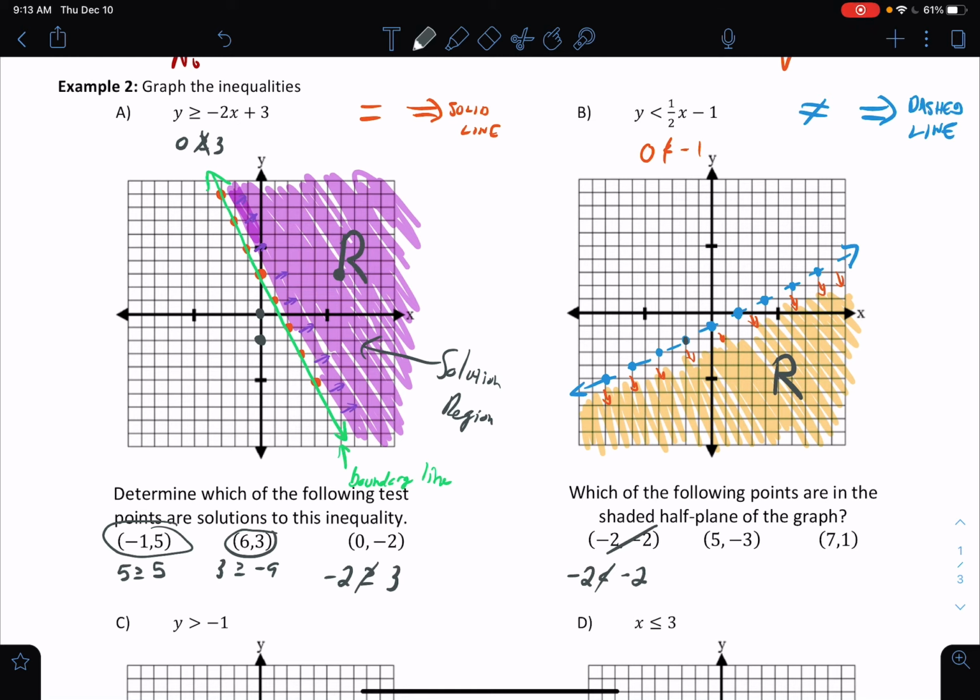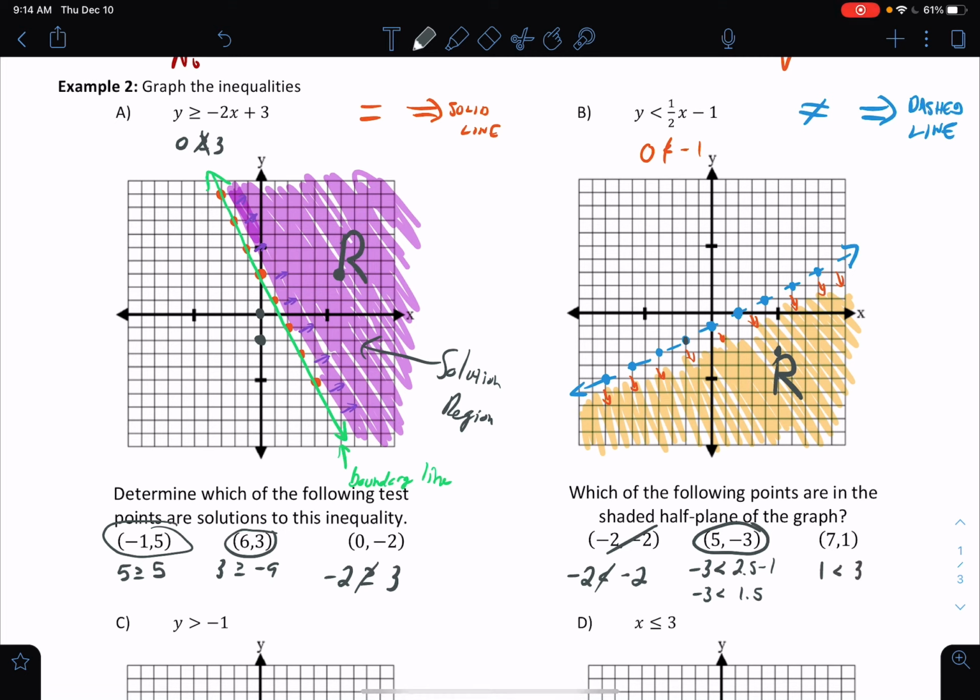What about 5, negative 3? Plug in negative 3 for y. I get 2.5 minus 1, or negative 3 is less than 1.5. That is true. If I looked at my graph, 5, negative 3 is right here. That does work. And 7, 1, plug in 1 for y.